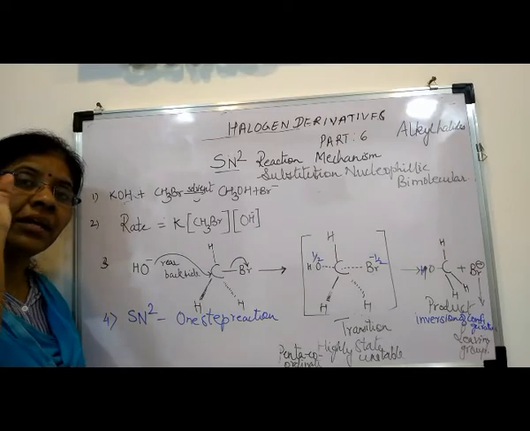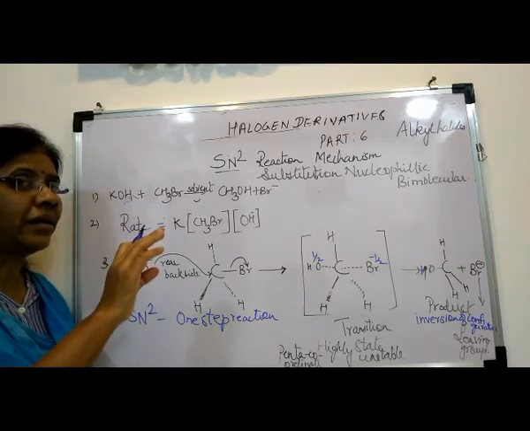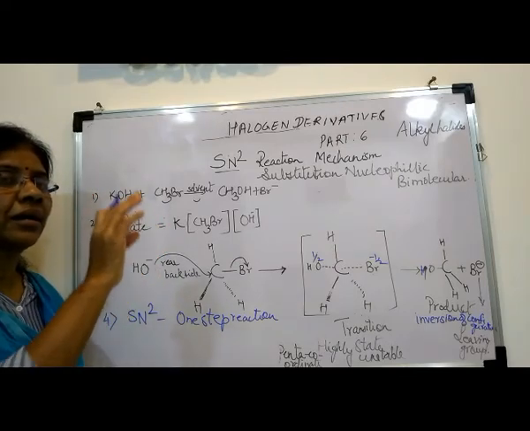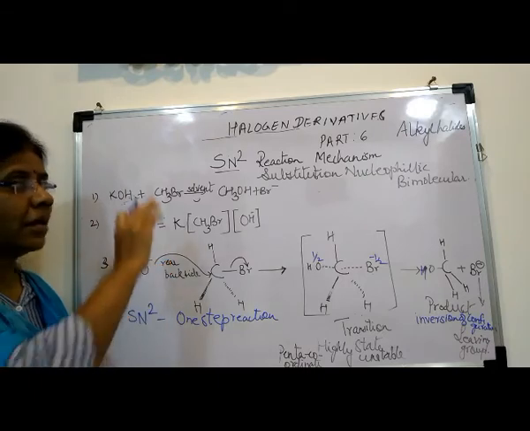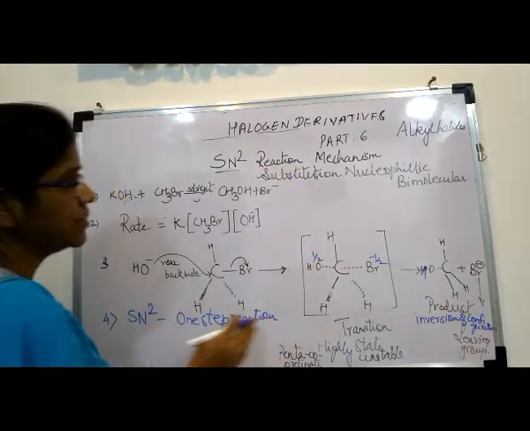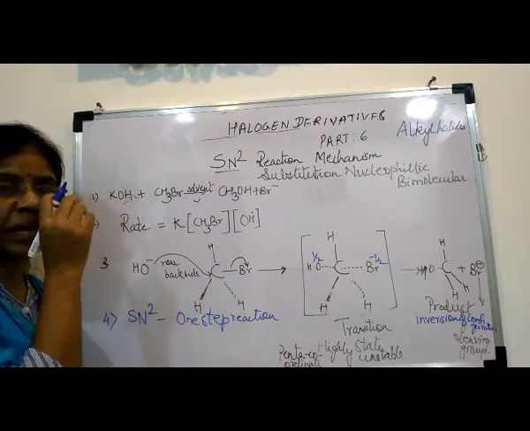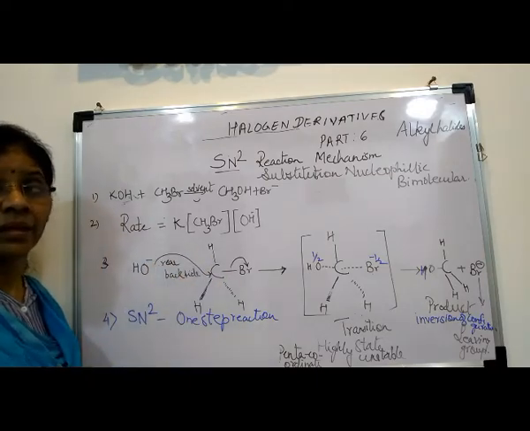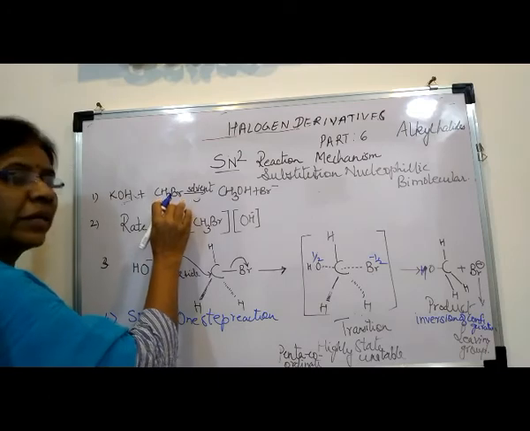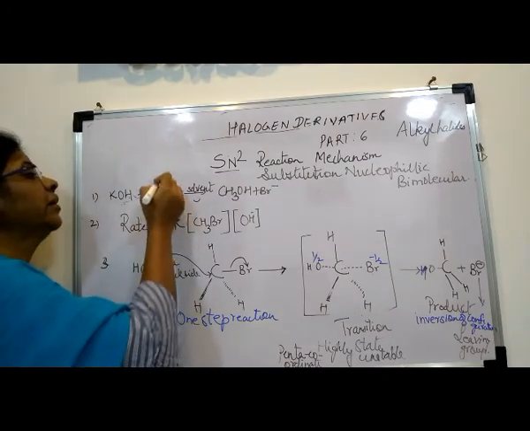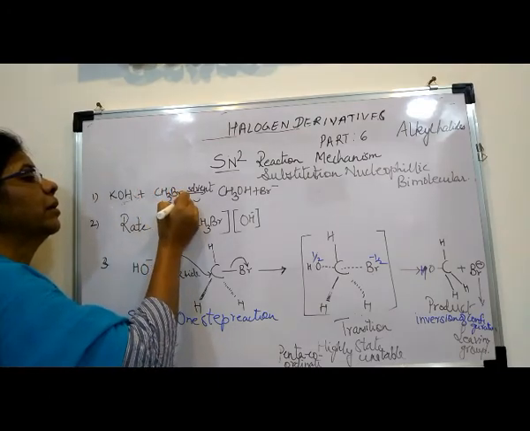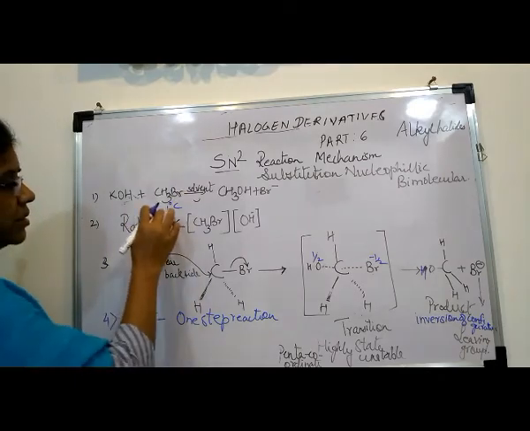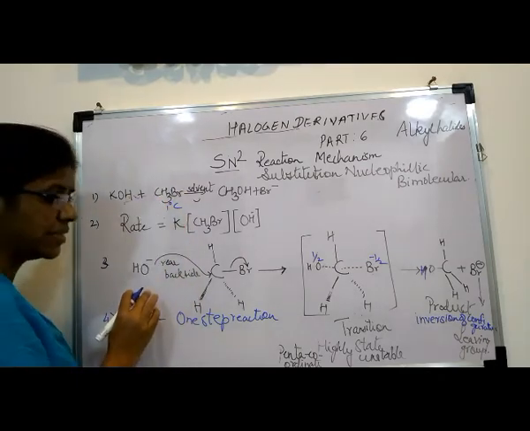Tertiary butyl halide undergoing hydrolysis, and if you write down the SN2 reaction mechanism, it is not correct. Why does this particular first degree halide undergo SN2?